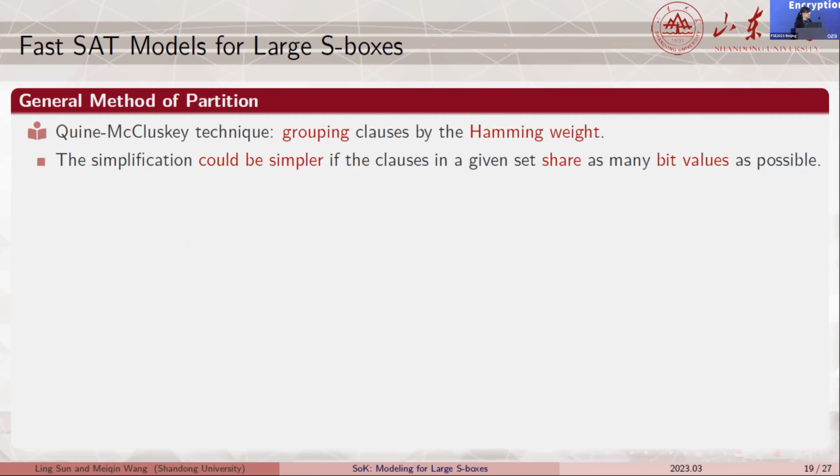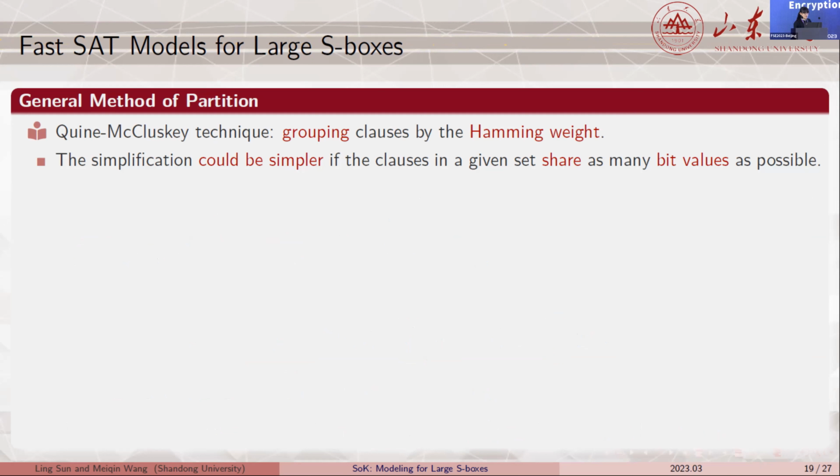We went over the Quine-McCluskey technique and found that grouping clauses by the Hamming weight may facilitate the simplification. So we hypothesize that the simplification could be made simpler if the clauses in a given set share as many bit values as possible.